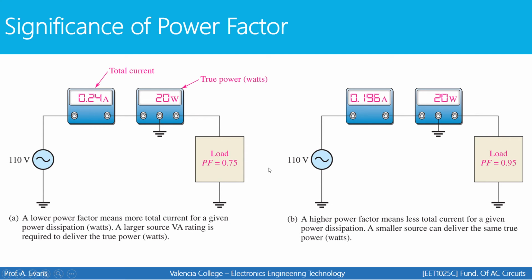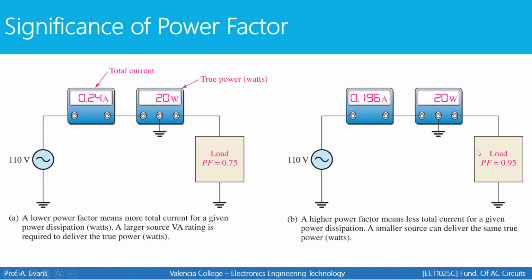And that just means more total current for a given power dissipation. There's more current in the circuit to generate 20 watts here than there is here. The current level is higher here. More current is required to deliver the 20 watts of power that is measured here.